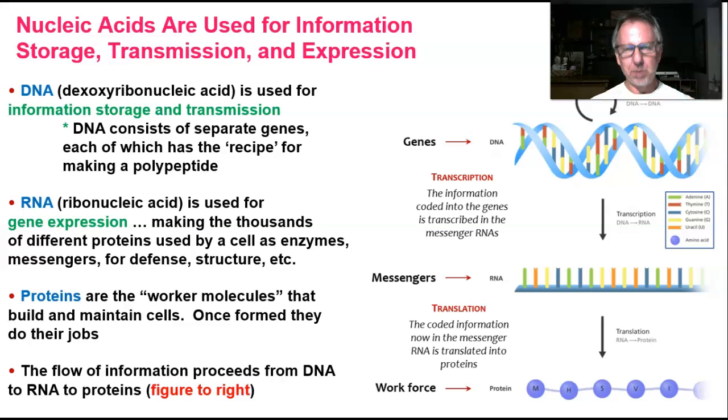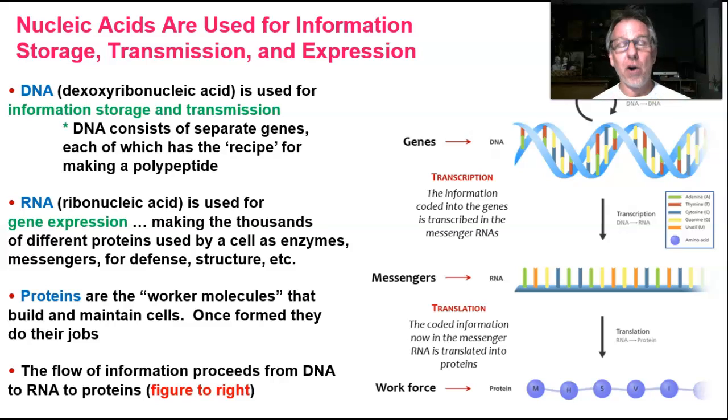And just like in a recipe book, when we open it up and read the recipe and follow the directions, we put together the ingredients, and whatever food we make is our expression of the recipe. That's how the recipe is expressed. A pie, a cake, a casserole. So in this case, the information is expressed in the form of making proteins, the worker molecules of cells. So that title right there is carrying a lot of information.